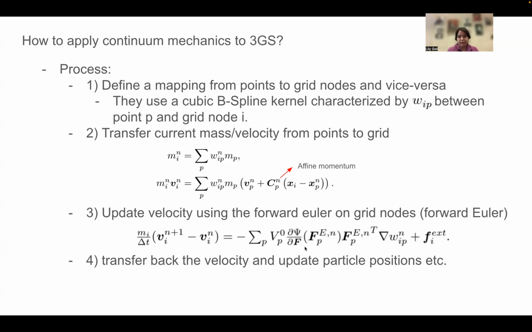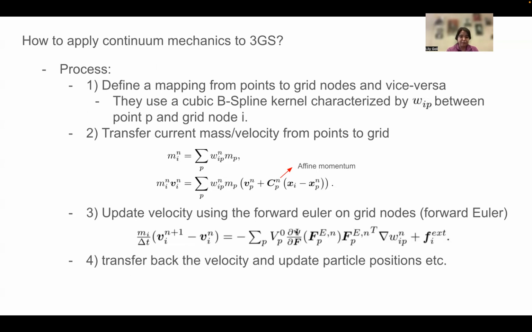And then here we have the elastic energy function for finding the Cauchy tensor, the mapping, and the external force that the user can apply. Yeah, so this will give you the next step's velocity at grid points.